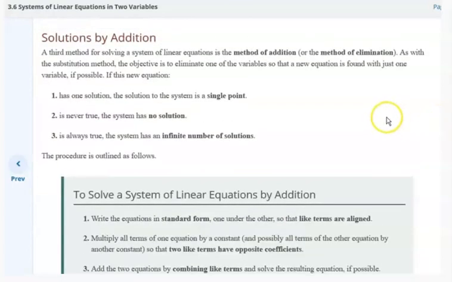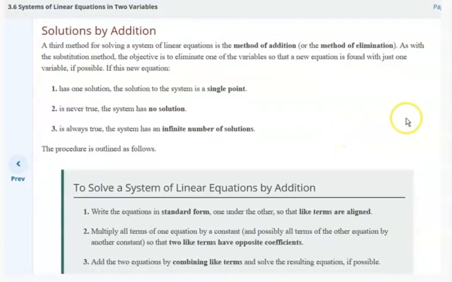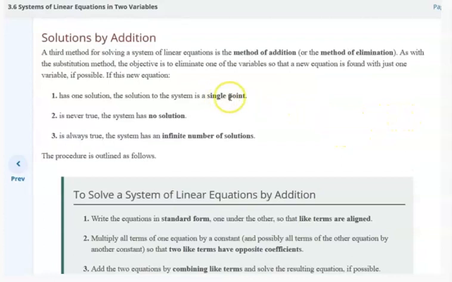Now, there is another method of solving algebraically equations, not by substitution, not by graphing, but in this case it's described as by addition.